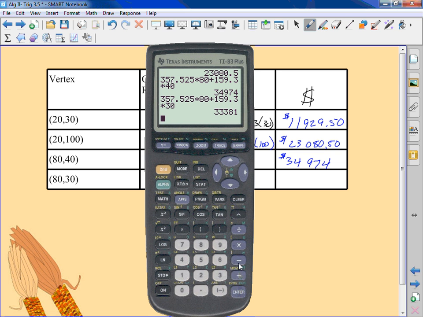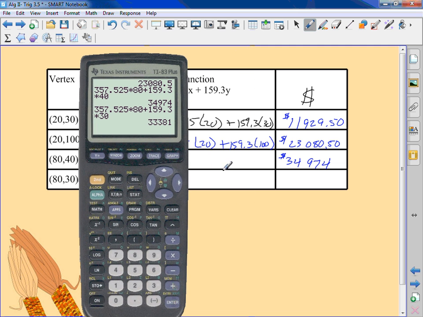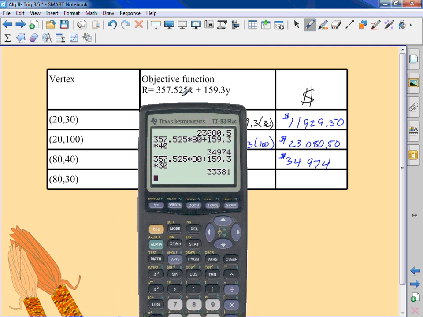Now that you're starting to see what we're doing, you don't need to write the middle column. The middle column, you can just write the objective function and then go right to the money. And for the money, on this one, it's $33,381. I have these four numbers. Which one's the highest? $34,974.